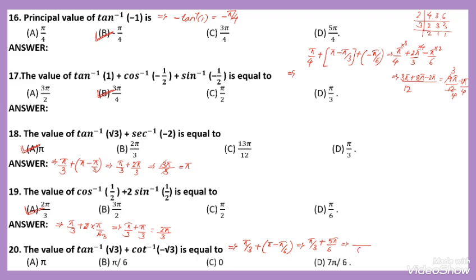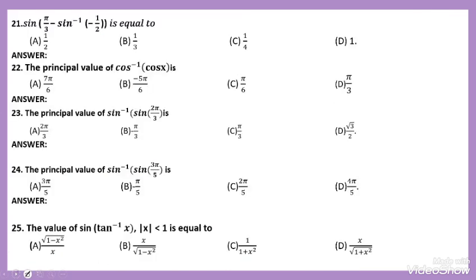That is, LCM is 6. 3 2s are 6, 1 2 is 2 into pi. 2 pi plus 5 pi, now we have to add here, 7 pi by 6. The option number D is correct.